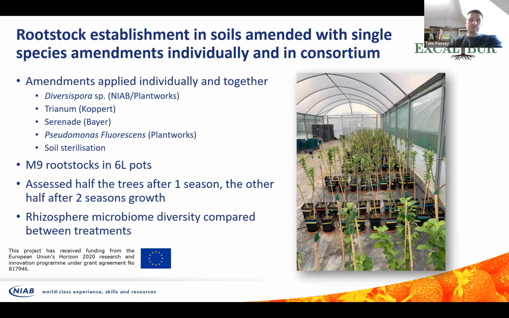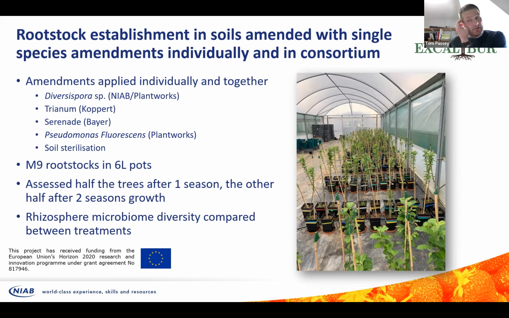So the work we're specifically doing at NIAB is based around apple replant disease, as you may guess. We've been running a number of trials across the past couple of years. Most of these trials are ongoing, and I'll just run through a couple of them now. The first trial that I'm talking about is a potted trial. We potted M9 rootstocks, 1-year-olds, in pots in a polytunnel.